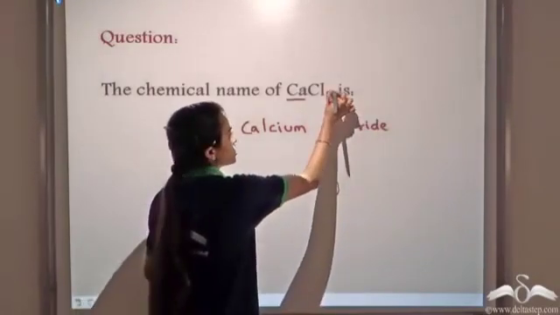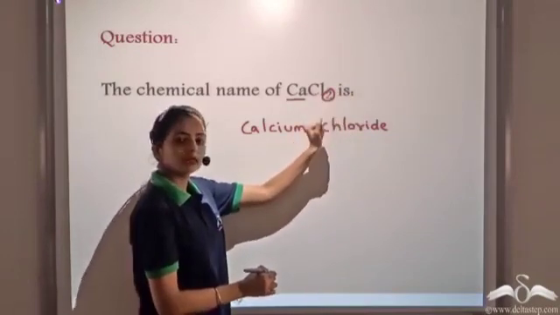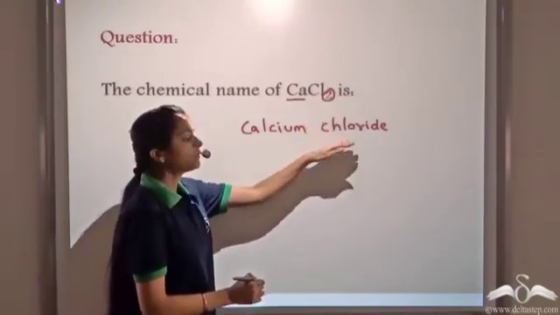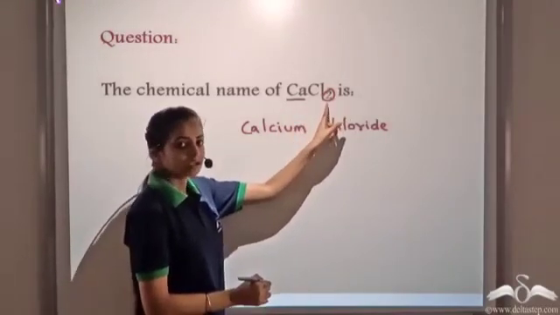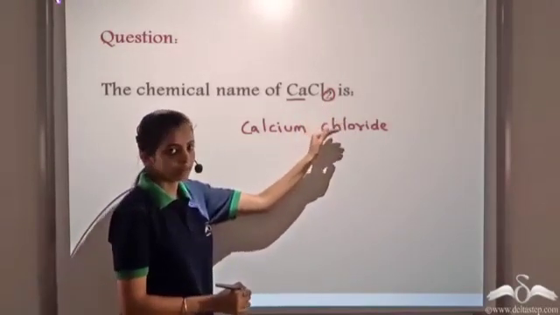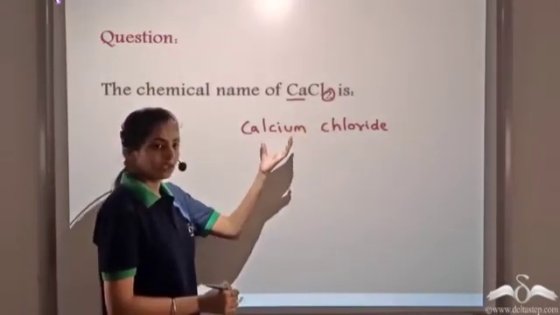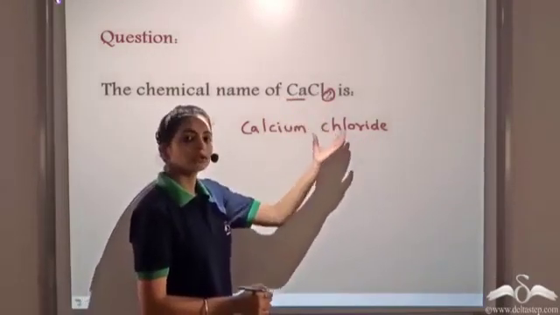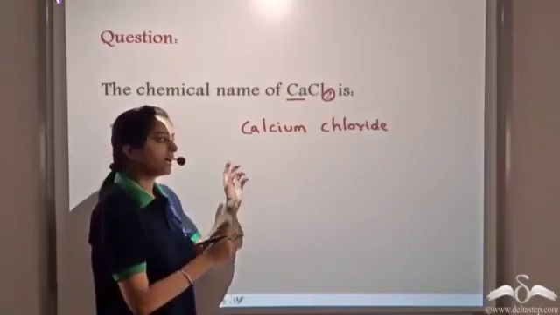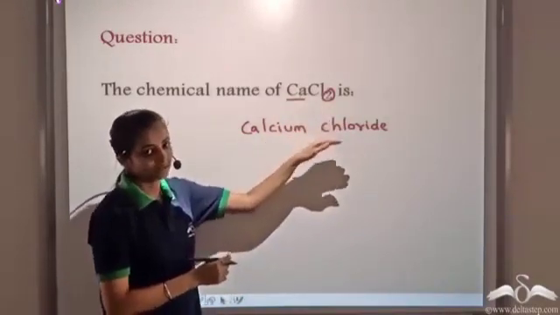You see a 2 also. This 2 shows that there are 2 chlorine atoms present in this compound. But when we give the name, we do not include this 2. This means we ignore the number of atoms present. We are just concerned with their names. So the name of the compound formed by the 2 elements calcium and chlorine is calcium chloride.